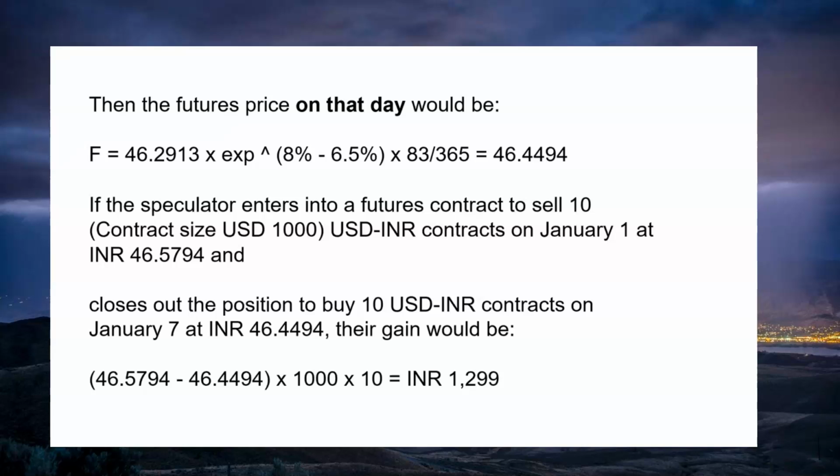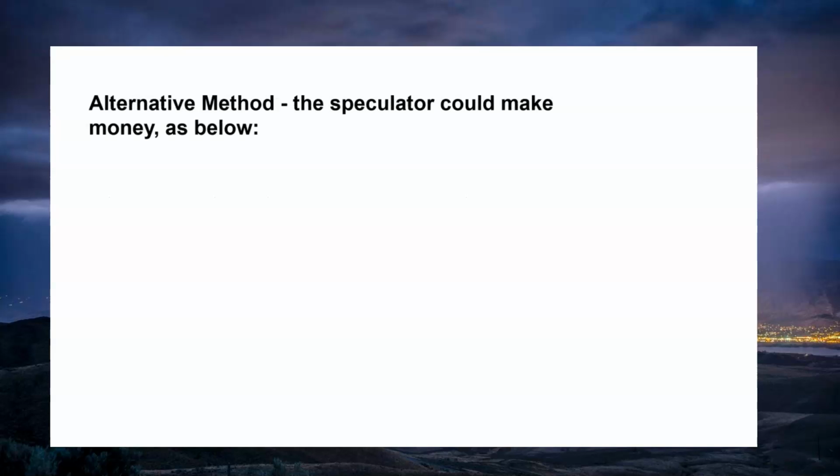That is, 46.5794 is the sell rate, and the sell contract is closed out at 46.4494 for $10,000, nothing but 10 contracts of $1,000 each, which will give you a gain of rupees 1,299.